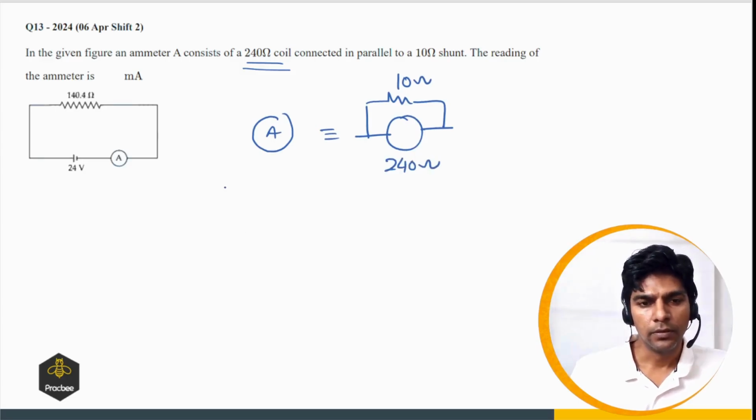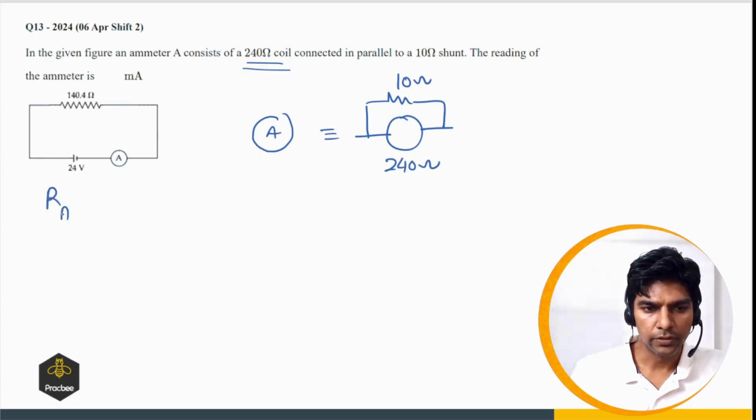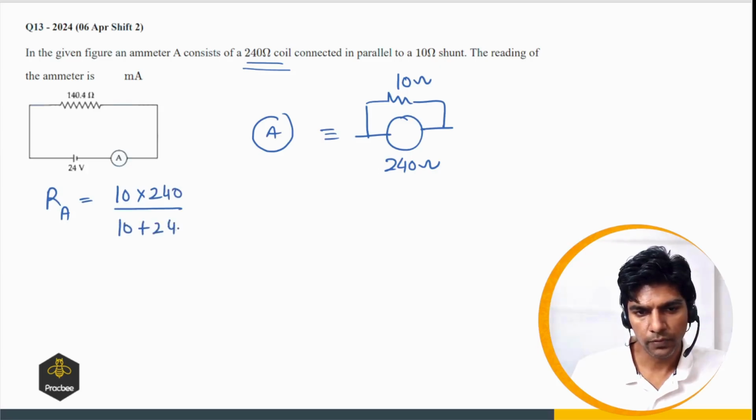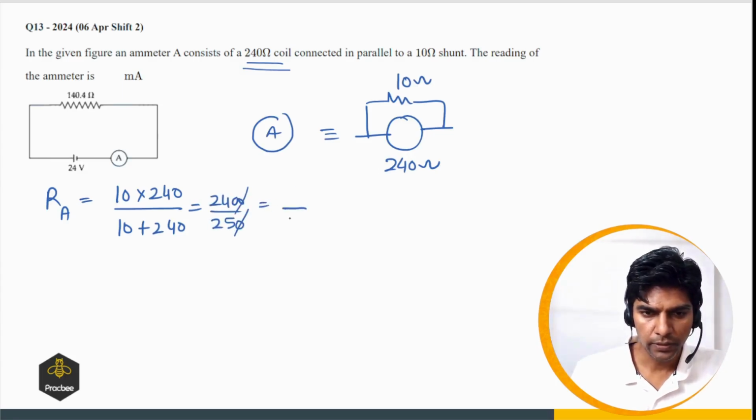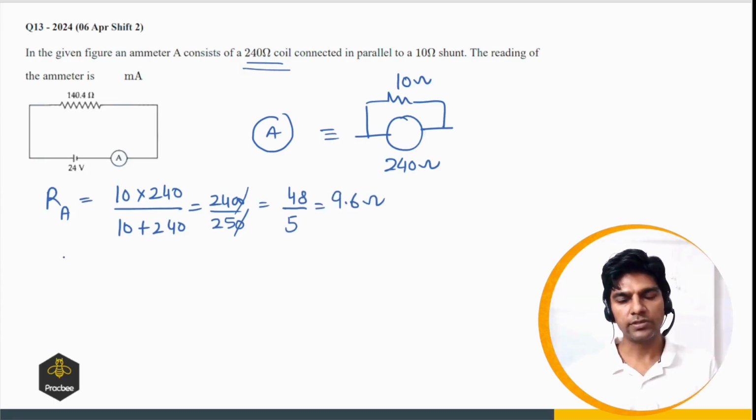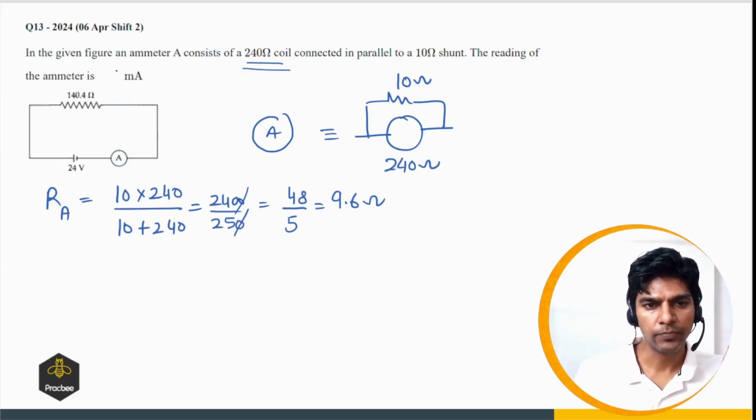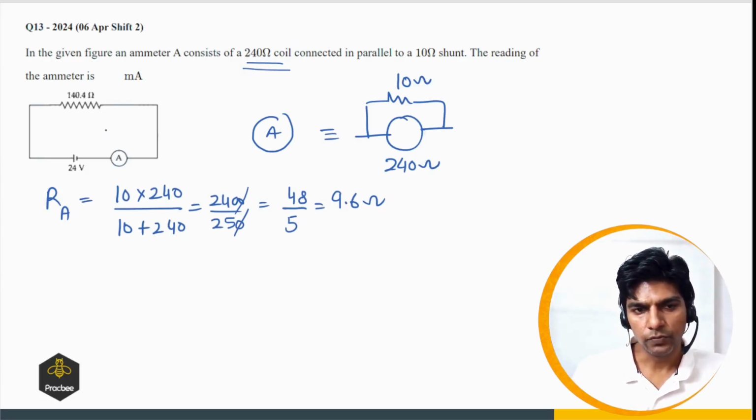Okay, so what we can say, the resistance of the ammeter will be 10 times 240 upon 10 plus 240. So it will be 2400 divided by 250, and it comes out to be 9.6 ohms. So 9.6 ohms is the resistance of the ammeter, and we have to find the reading, so we have to find the current.